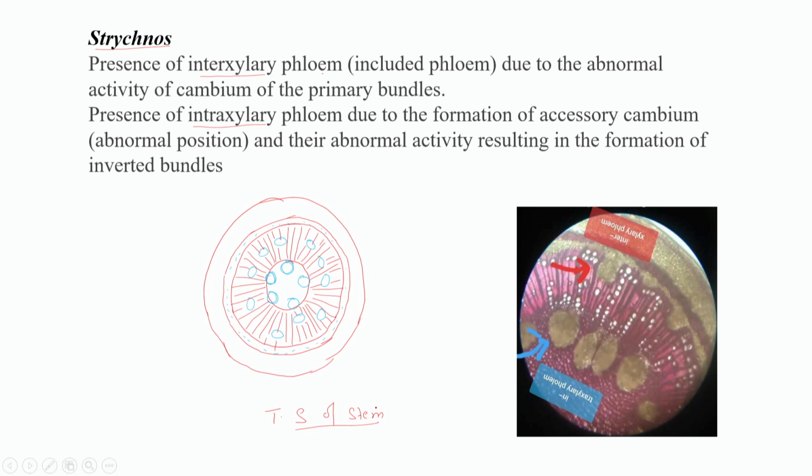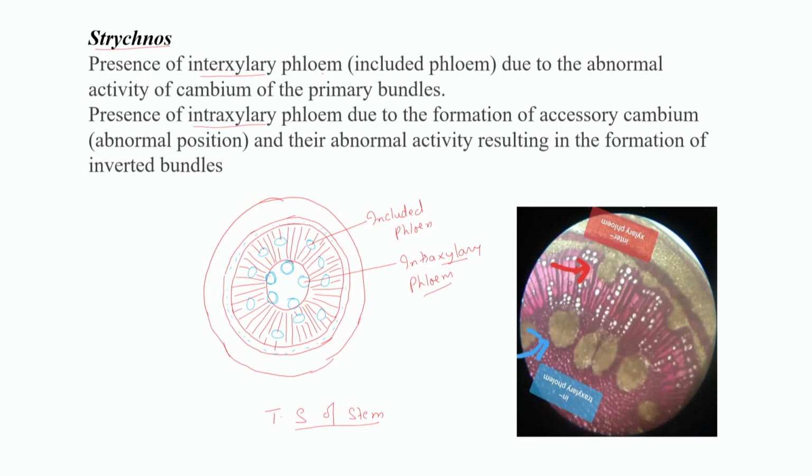So here also you can see that presence of included phloem is there, which is known as interxylary phloem, and in this you will see intraxylary phloem. Okay. Now the formation of this particular included phloem.